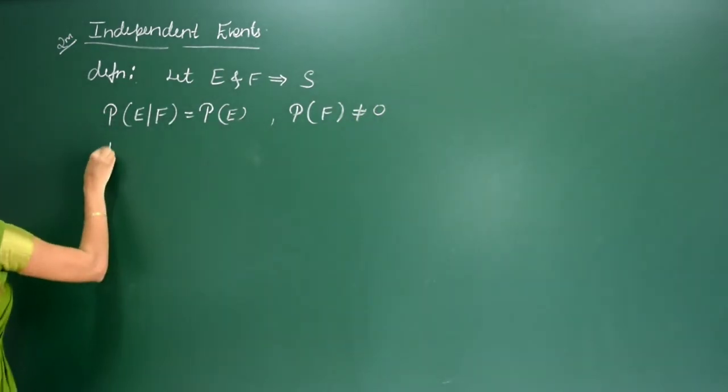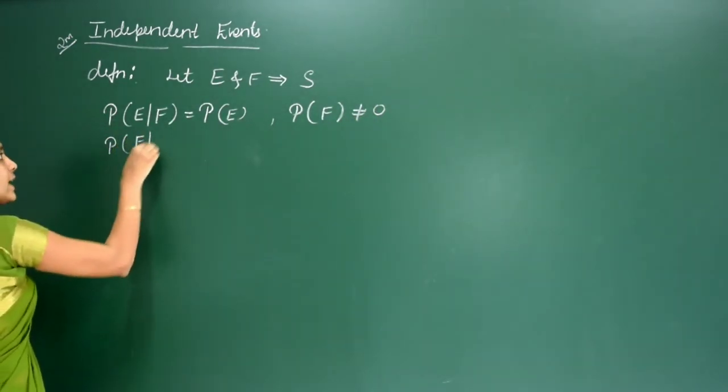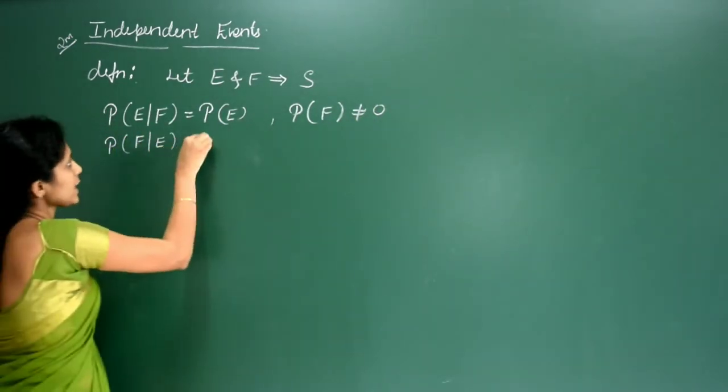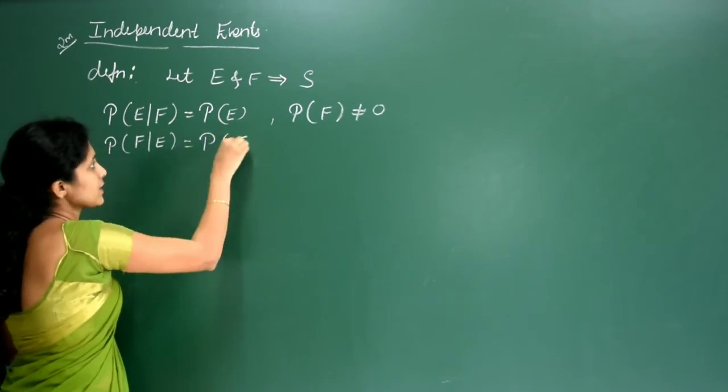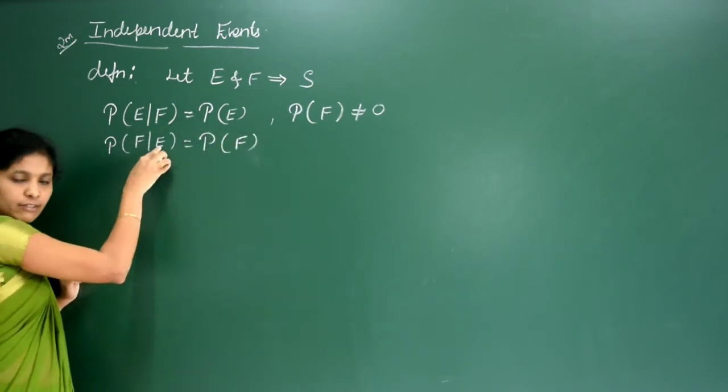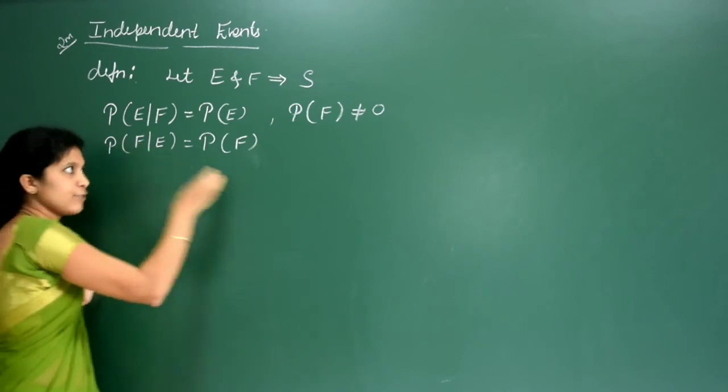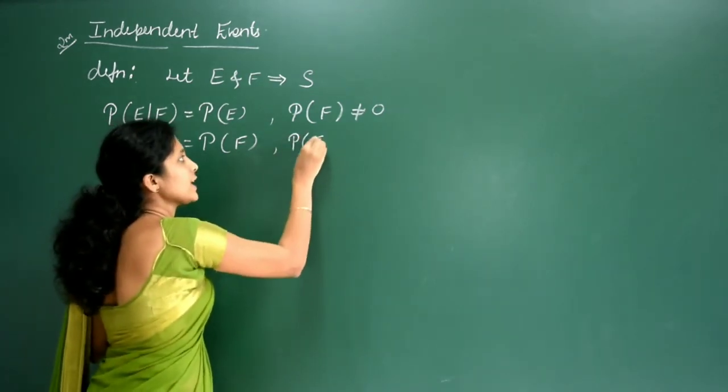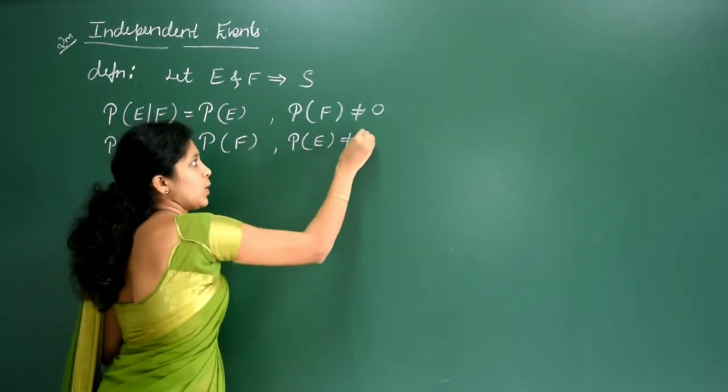Another one is P of F by E will be equal to P of F. That means occurrence of E will not affect anything on F, provided P of E cannot be equal to 0.